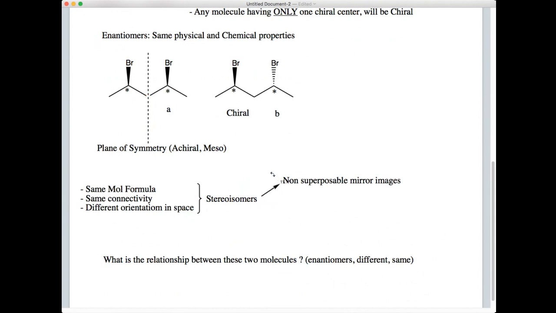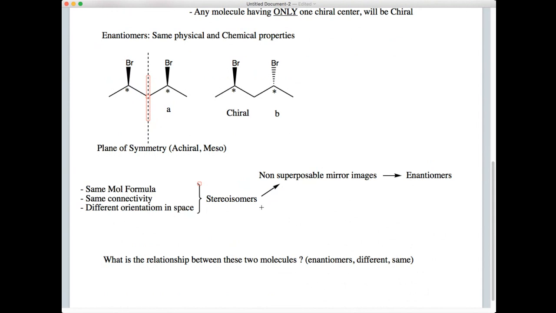Enantiomers. That is correct. So these are enantiomers. And remember, once again, enantiomers do have the same chemical and physical properties.